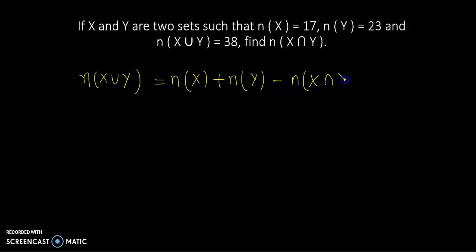X and Y intersection. In mathematics, union generally goes with a plus sign, and intersection is generally treated as "and" and goes with a product sign.